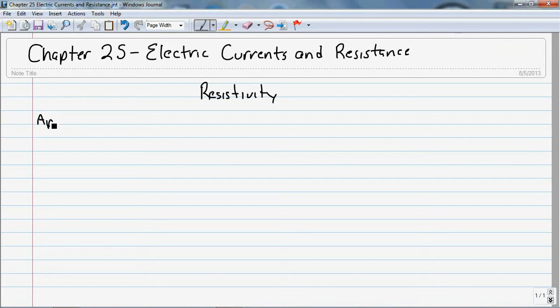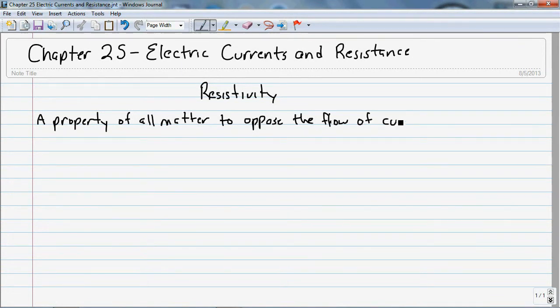And it's a property of all matter to oppose the flow of current. There is no such thing as a perfect conductor.